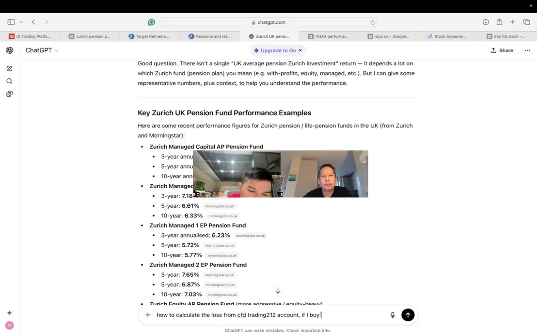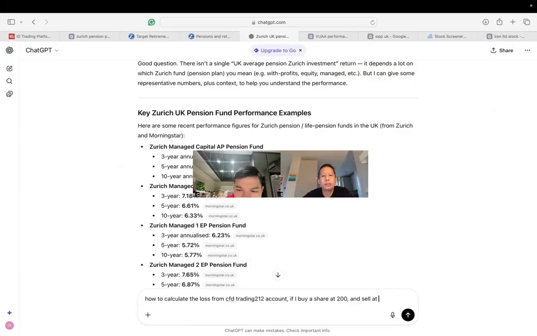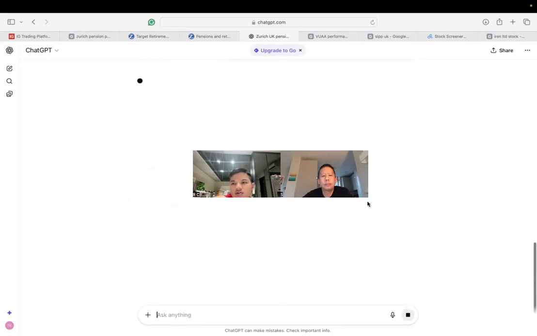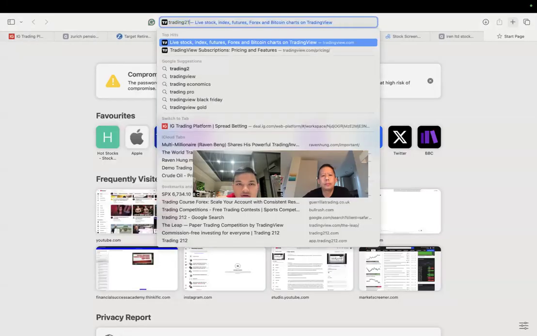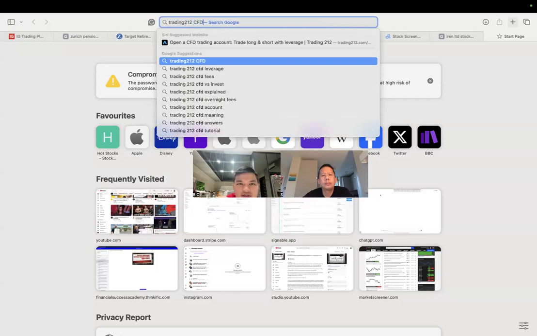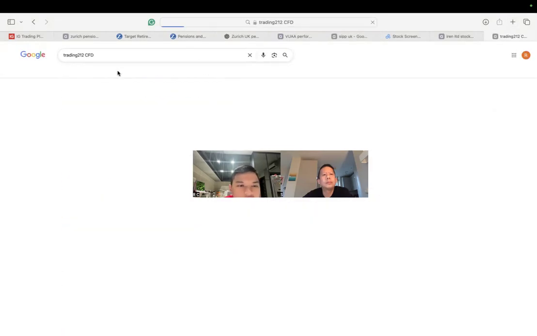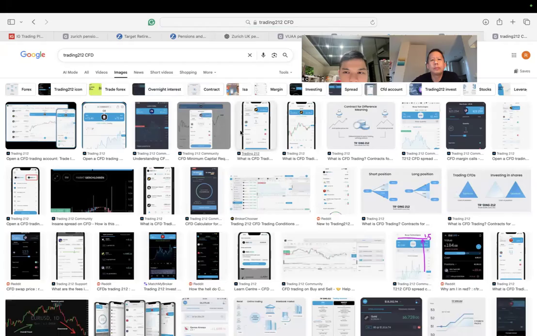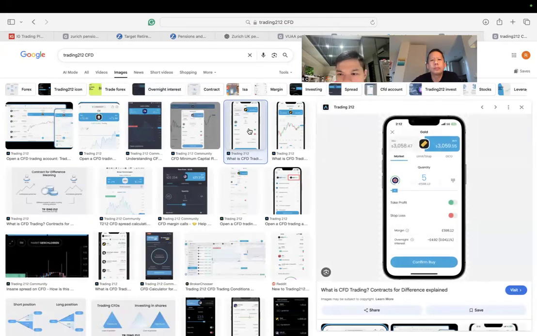If I buy a share at 200 and sell at 300, and the share quantity is 10. So let's look at the CFD trading platform. So that's what happened.